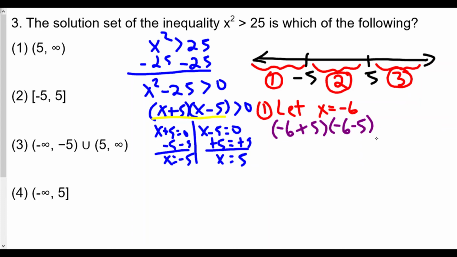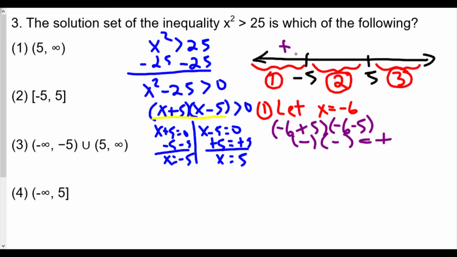Negative 6 plus 5 is a negative number, and negative 6 minus 5 is a negative number. If you multiply a negative times a negative, you get a positive result. So if we plug any value of x less than -5 into our expression x squared minus 25, we're going to get a positive value.